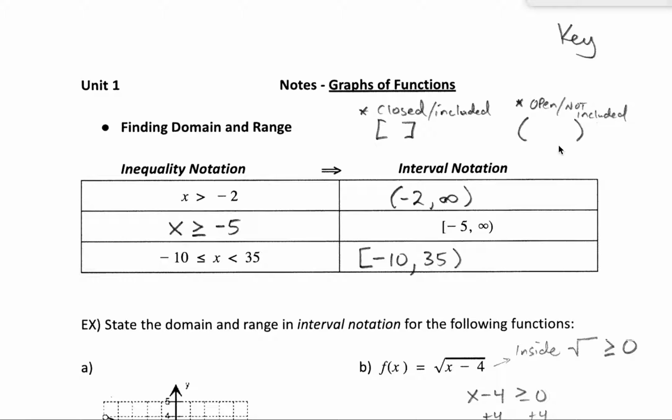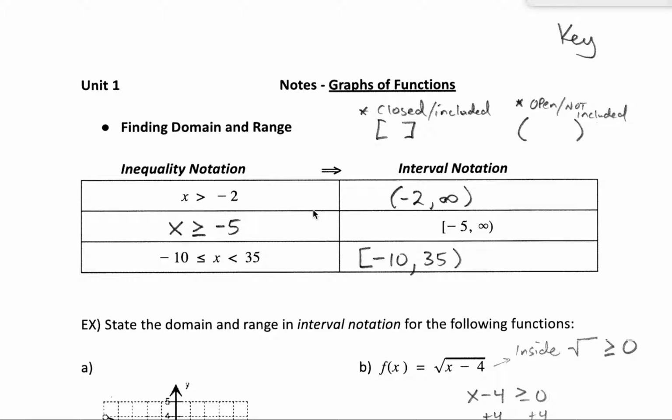For example, let's do a little bit of practice where we just go back and forth between using an inequality or using interval notation. In this first one, we're talking about x values that are greater than -2. So all numbers that are greater than -2. But notice that it doesn't say also including -2. You don't have that greater than or equal to symbol. It's just greater than.